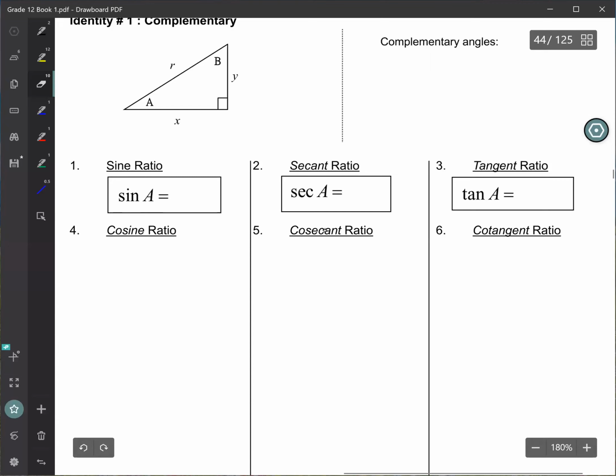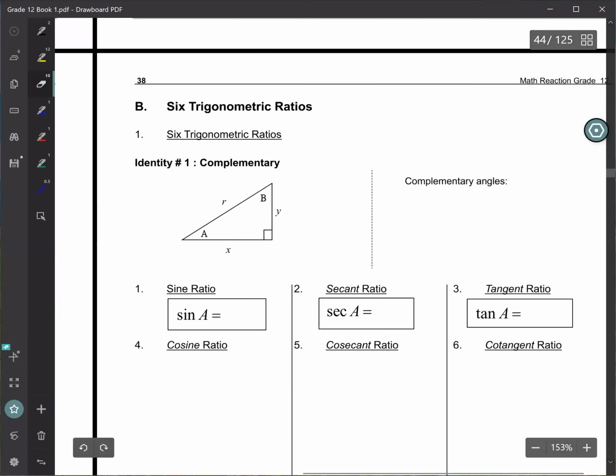Secant, cosecant. Okay, next one, tangent, cotangent. Again, tangent, cotangent. Yeah. So they all carry a co, right? So we're going to talk about why we have a co in front. You can turn off your mic now.